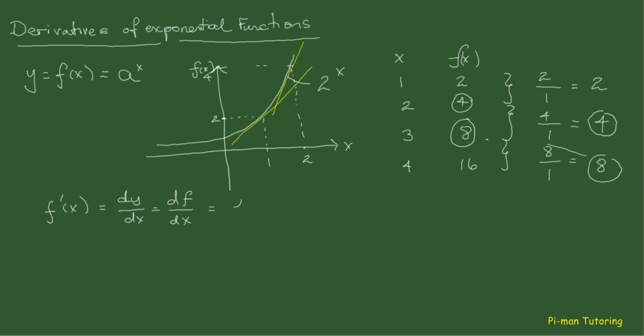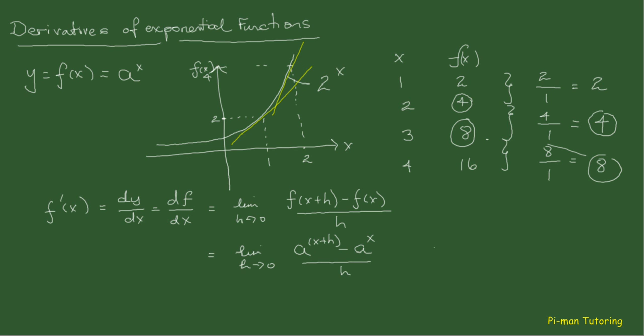And all of these things mean the limit as h tends to 0 of f of x plus h minus f of x divided by h. So let's plug in our function. So f of x plus h in this case means a to the power of x plus h minus f of x, which is just a to the x, and divided by h.